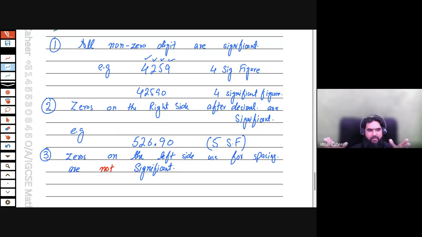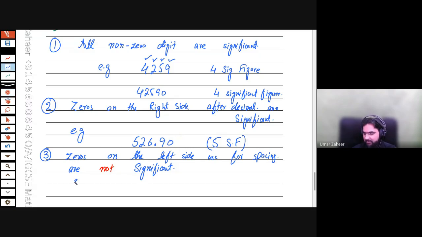Basically, it is all about zero. The very first rule is that all non-zero digits are significant: 1, 2, 3, 4, 5, 6, 7, 8, 9. Now the problem with zero. If the zero is after the decimal on the right side, it will be significant.